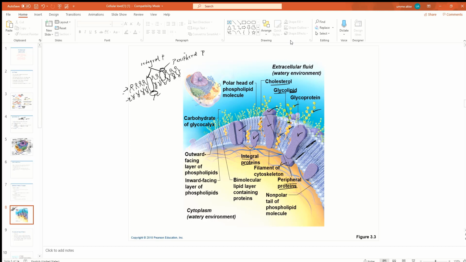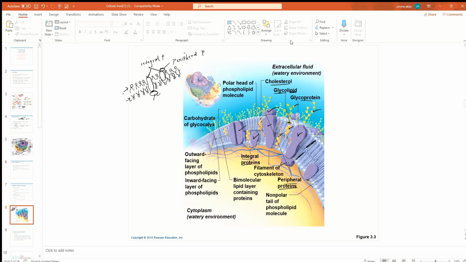And glycoproteins: proteins and glucose molecules joined together are called glycoproteins. Makes sense? Glucose and protein, glycoprotein; glucose and lipid or cholesterol, glycolipid.